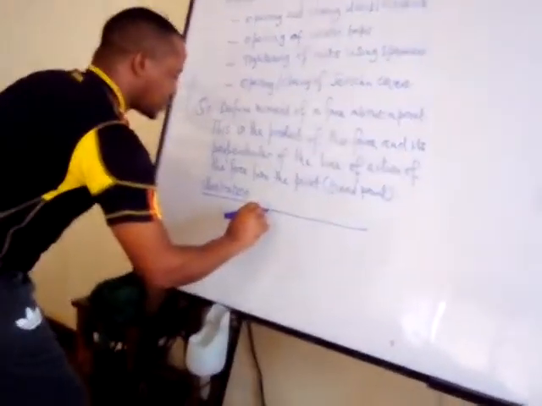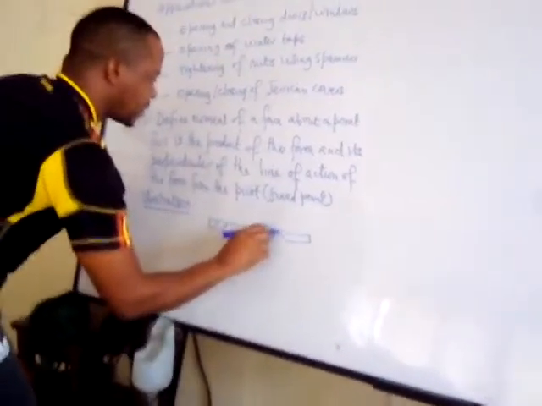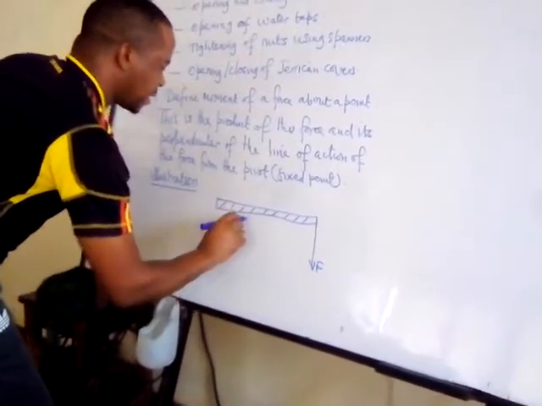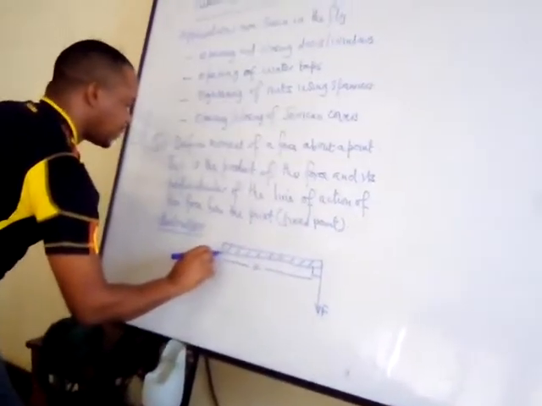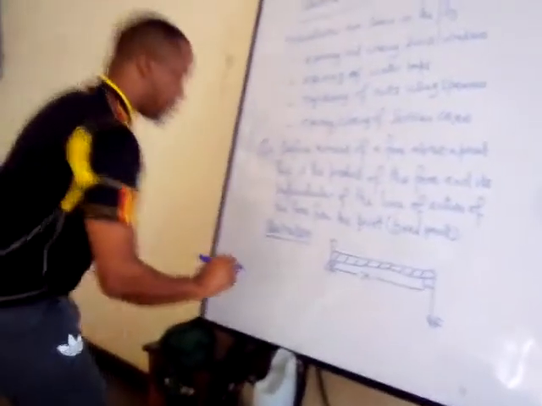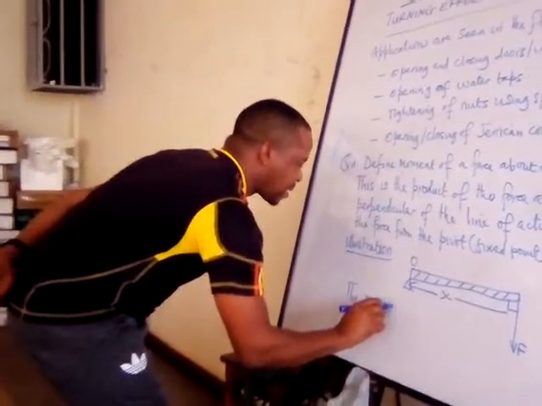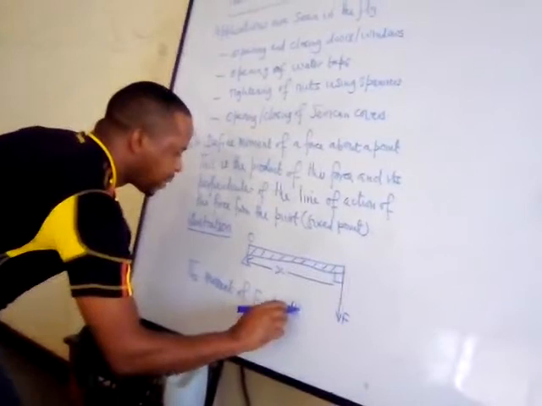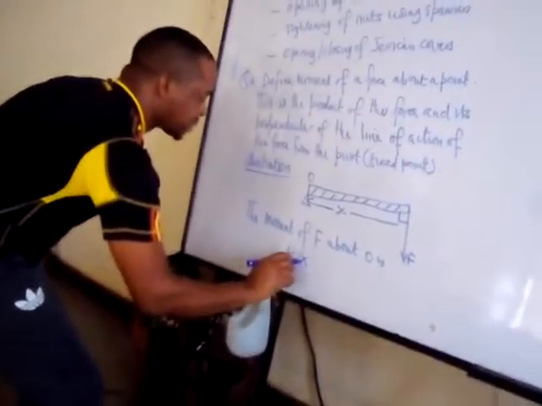Consider, for example, a beam, and consider a force F acting at 90 degrees from a point that is fixed, say point O. The moment of F about point O is equal to F times the perpendicular distance, which is x.